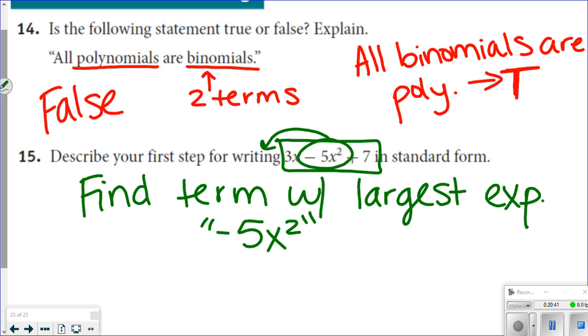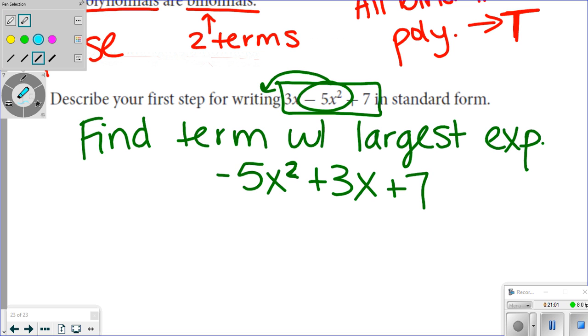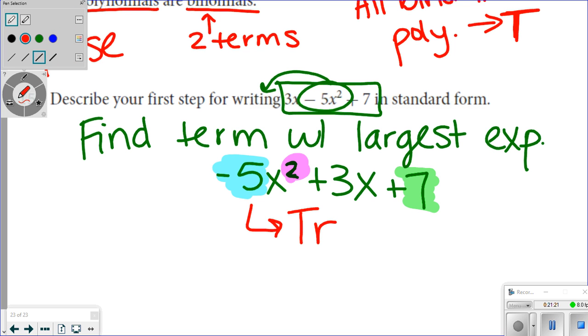So that would be written first in standard form. What would come next? Then we would have a positive 3x and then a positive 7. Just as a reminder, my leading coefficient here is negative 5. The degree of this entire polynomial is 2. The constant term here is 7. And how many terms does it have? 3 terms. So we call this a trinomial.